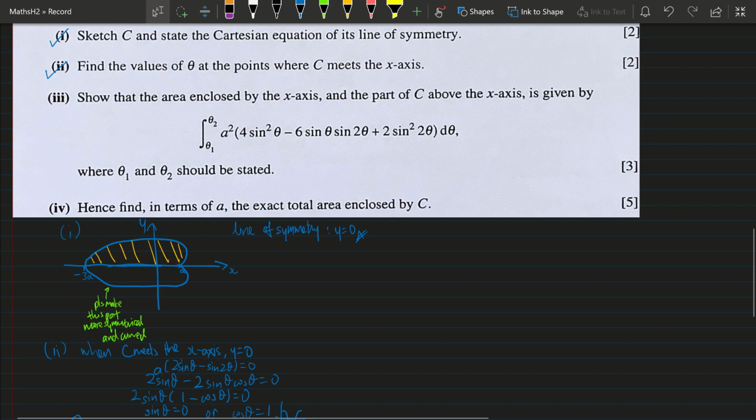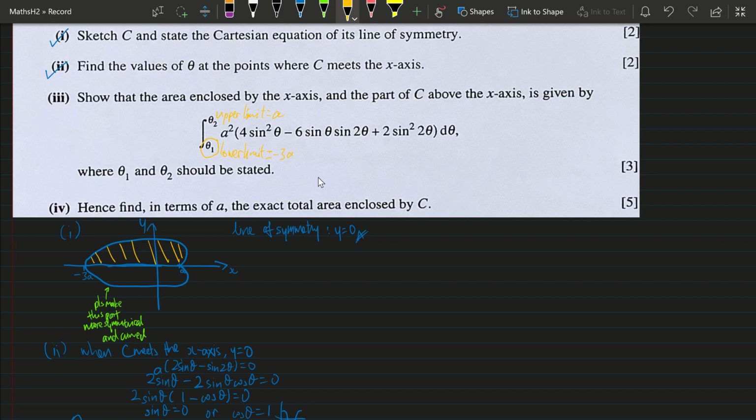Because we know the x value here is a and negative 3a, we need to know what theta is. So this is the lower limit at negative 3a, and the upper limit here is positive a. This is the usual integration, right?